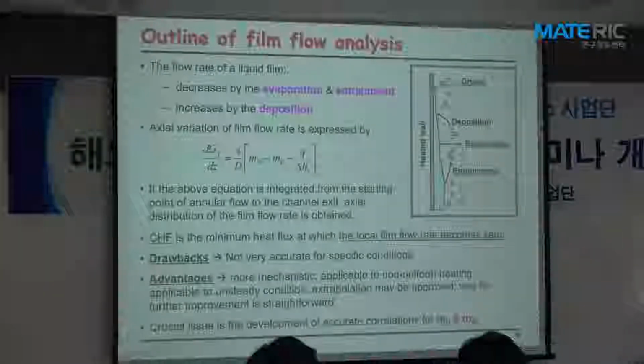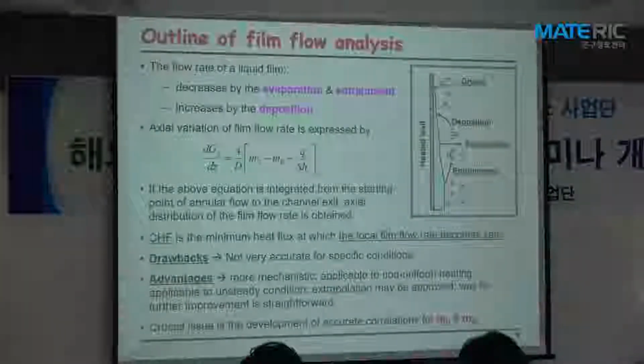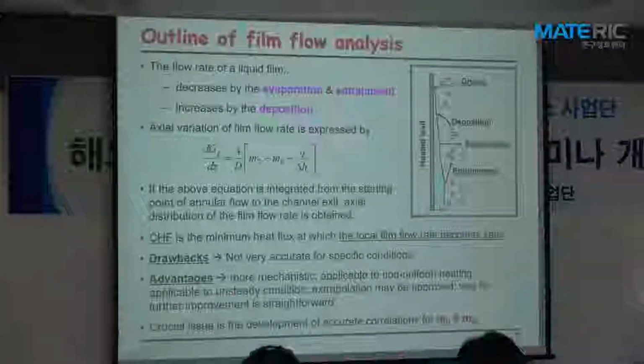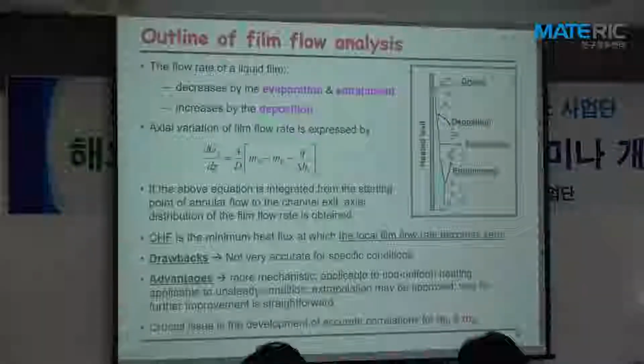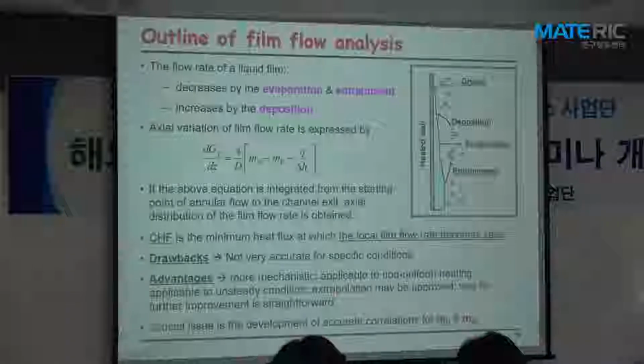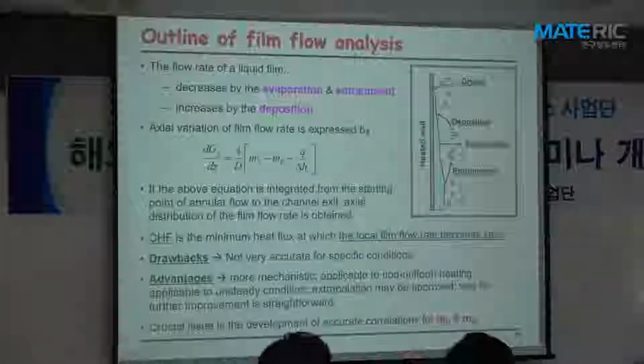The advantage is here: this is more mechanistic, so it's interesting for me, and it is applicable to non-uniform heating and even to unsteady situations, because the mechanism is the same. So the prediction is still possible. I think this is the most important point. Extrapolation to a different situation is easier.